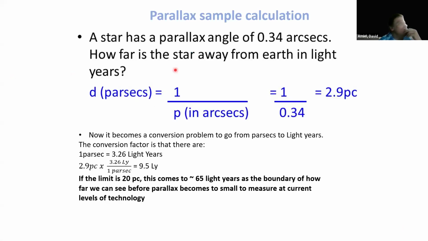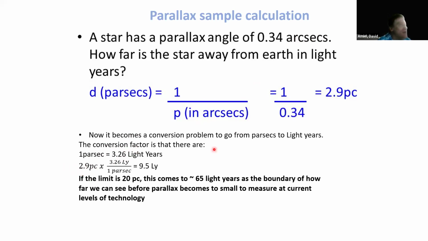So here's an example. You're given the star has a parallaxic angle of 0.34 arc seconds. Note the units are correct. Just take 1 over that number, and you've got 2.9 parsecs. Extraordinary. And now you're seeing how you convert here. 1 parsec is 3.26 light years.